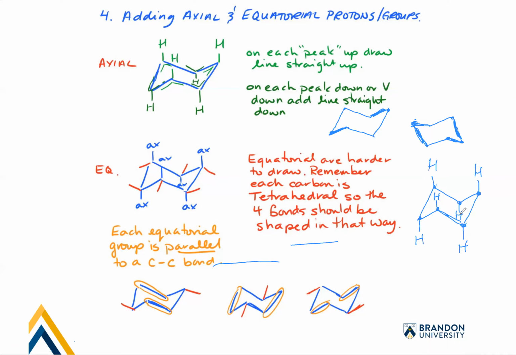Now, the equatorial protons, however, I'm going to draw another chair over here. They are a bit more difficult to see at the start. But what we're going to do is use the concept of parallel lines again.